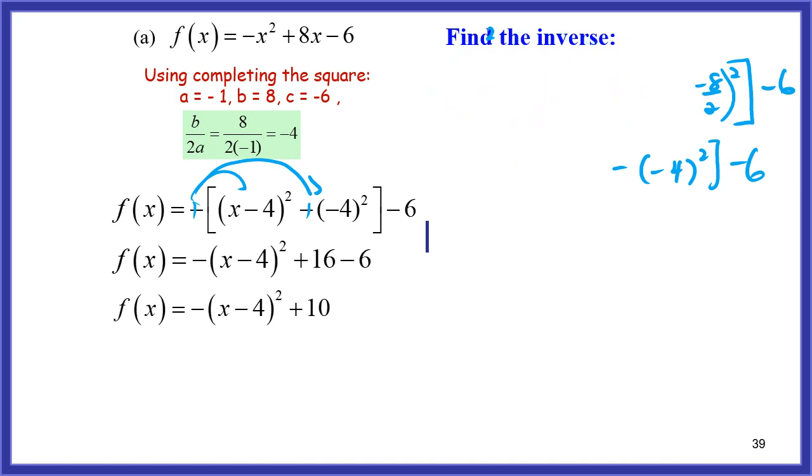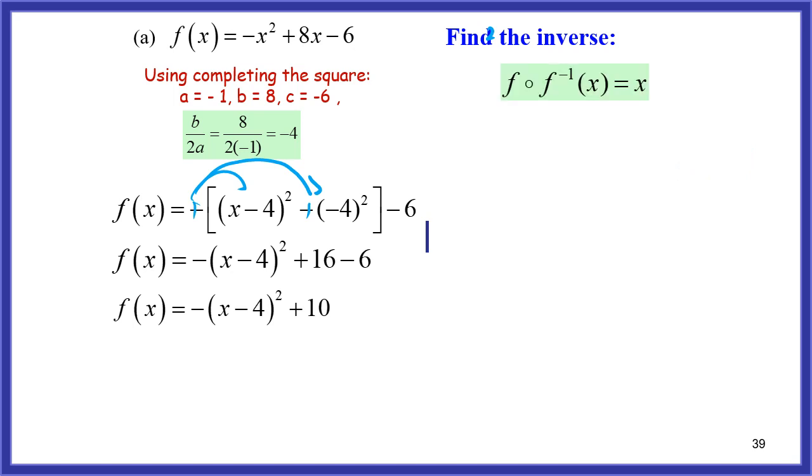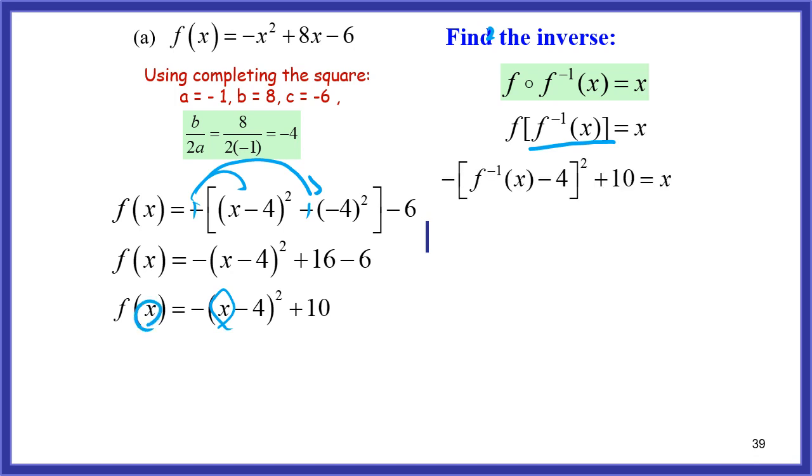Okay, so we use the same property now, which is f of f inverse of x equal to x. So what do we replace? We replace the x here with f inverse. So we have negative of (f inverse minus 4) all squared plus 10 equal to x.